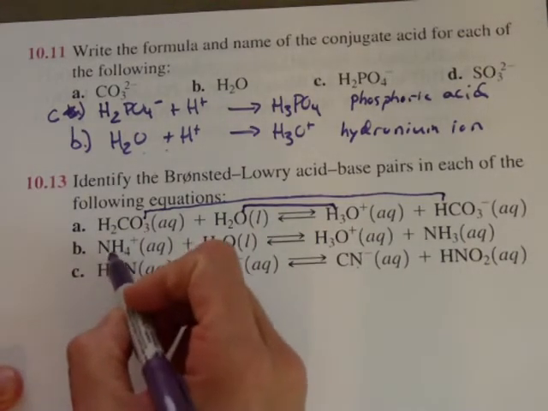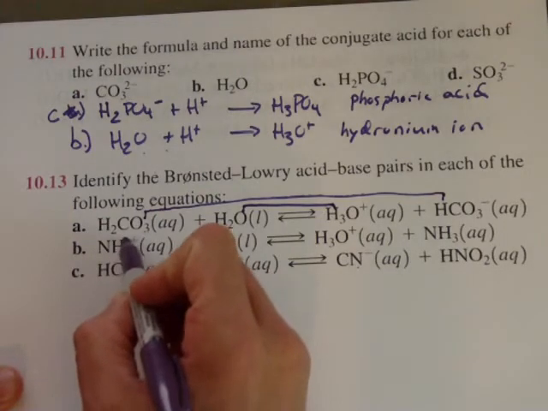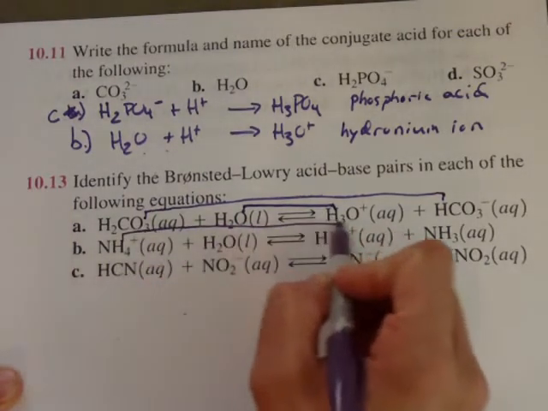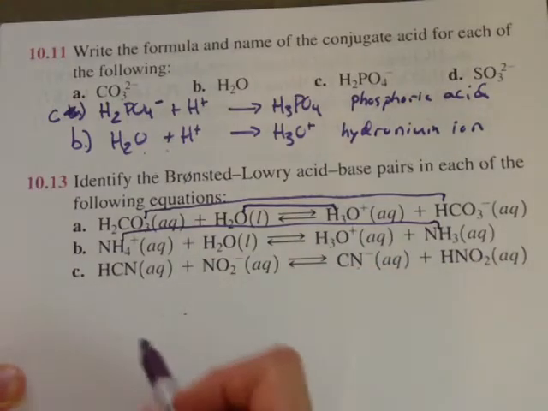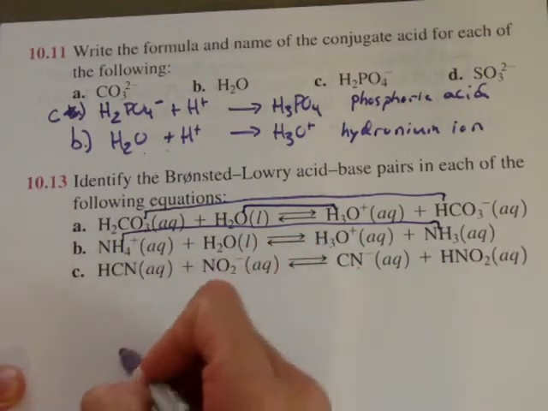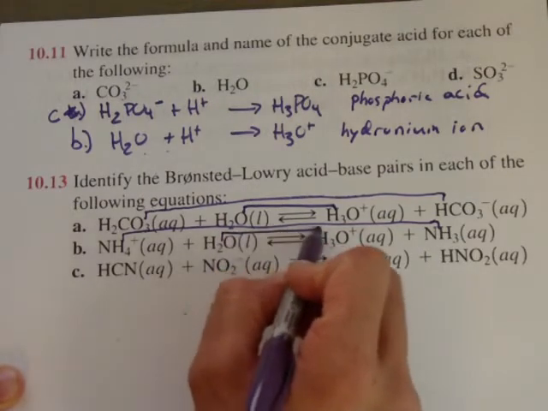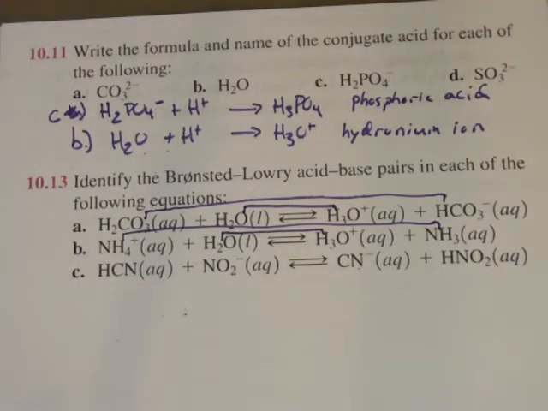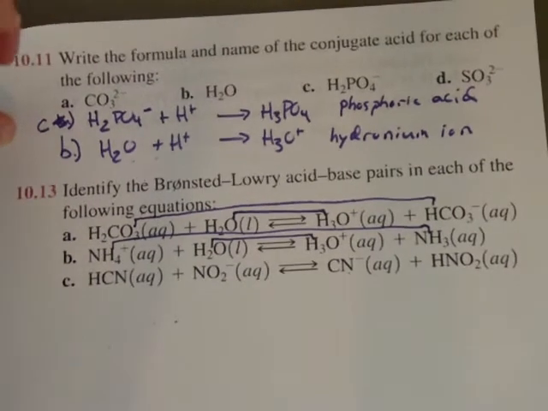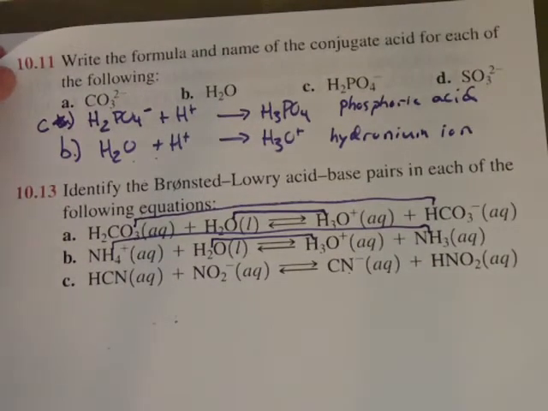In B, we'll have the ammonium and its conjugate pair to be the ammonia, NH3. They only differ by one H plus. Same thing here with the water and the hydronium. And so that's what you'll have to do in questions like 10.13.